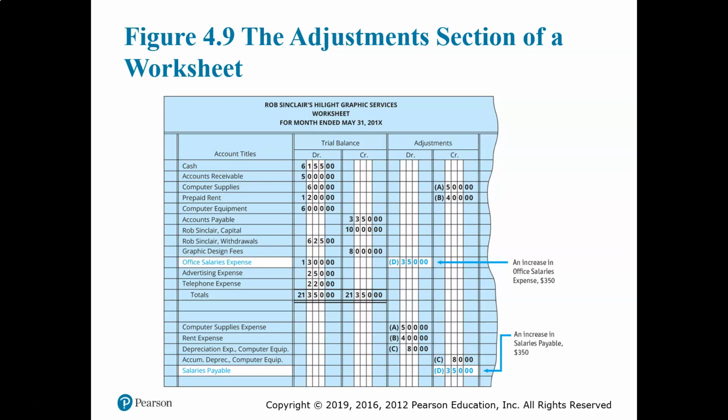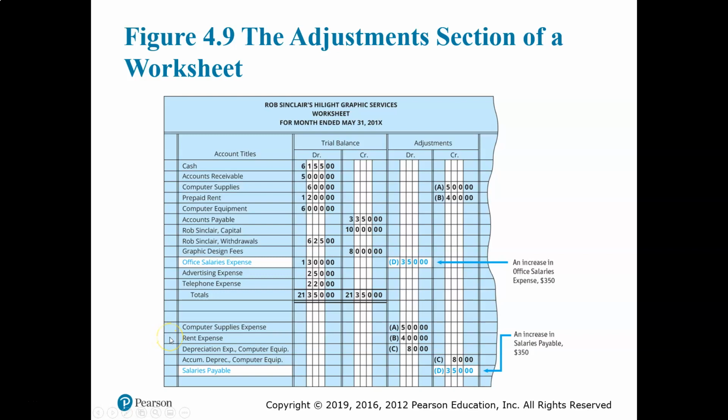Okay, so remember, here is our worksheet. The first column is exactly a repeat of our trial balance. We had to add a few accounts down at the bottom here. To complete our adjusting journal entries, we had an adjusting journal entry for supplies to record the used up portion of our supplies.